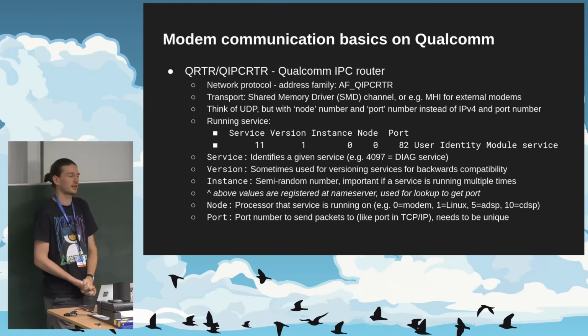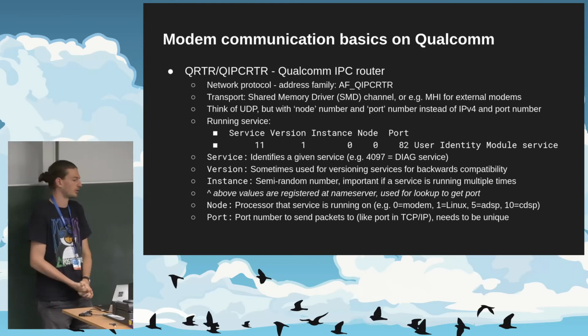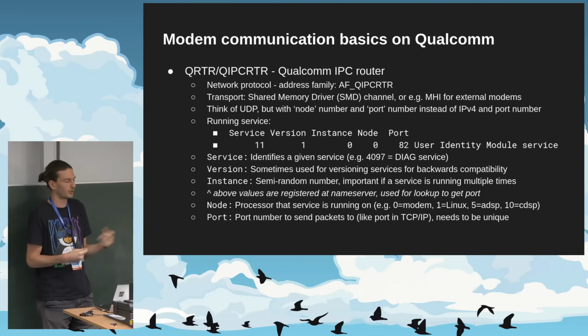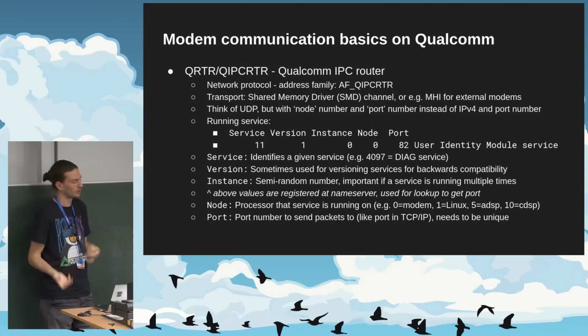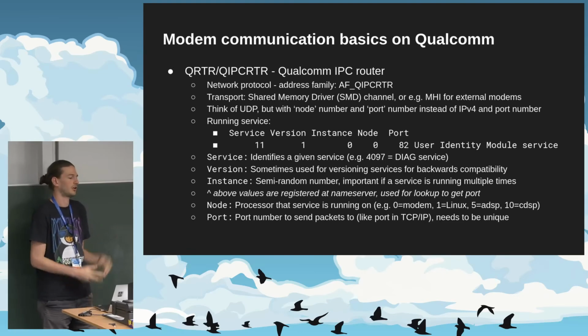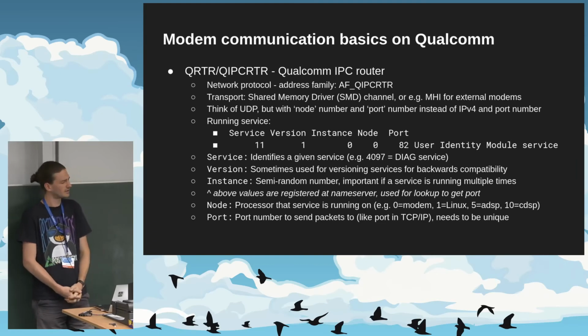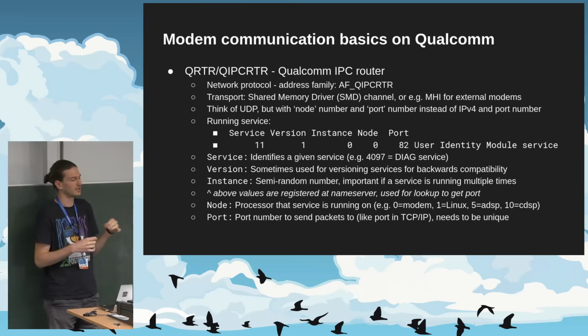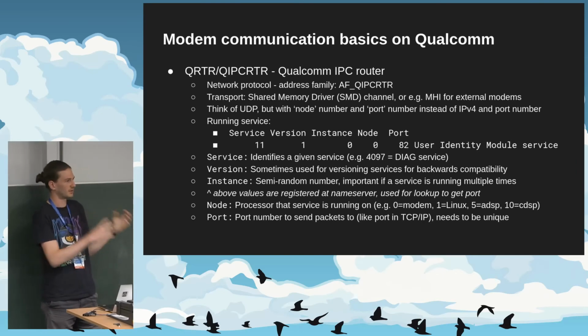As transport it uses a thing in Qualcomm called shared memory device, where it can talk to the modem. QRTR can also run over, for example, MHI, a different protocol which I think is used for PCI attached modems. So Qualcomm can use the same networking protocol over different transports.